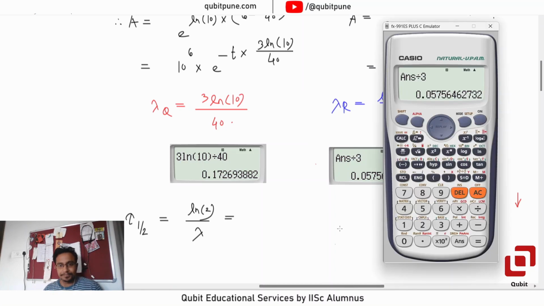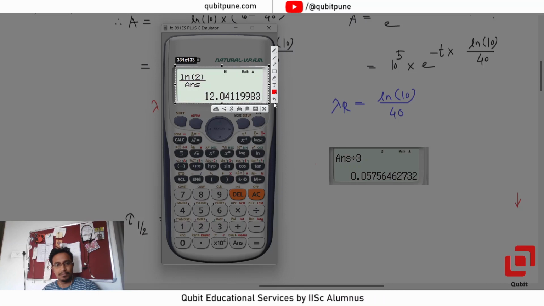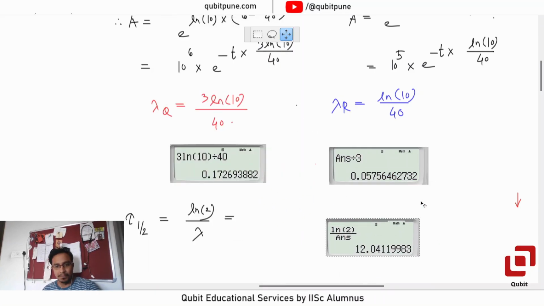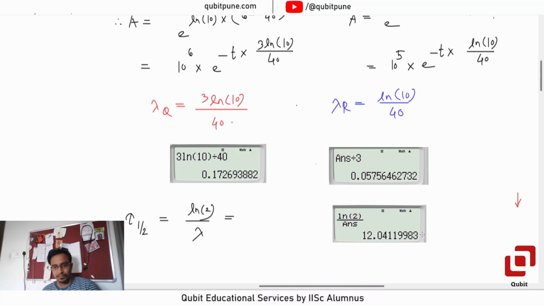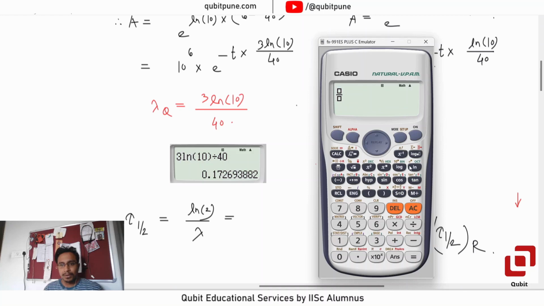Let's first find it out for R. Now for this, how much would it be? ln 2 upon 0.17269.